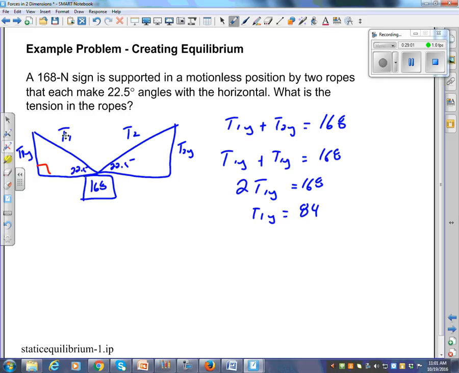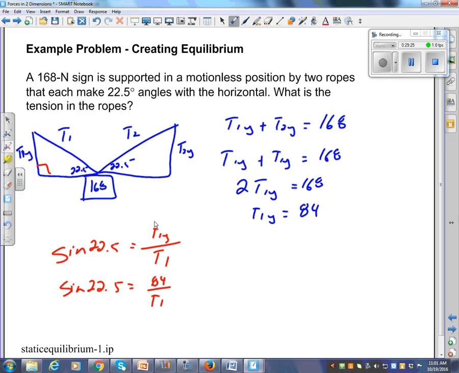Which one is opposite and hypotenuse? Sine. So sine of 22.5 is equal to opposite T1Y over hypotenuse T1. Sine of 22.5 is my 84 divided by T1.